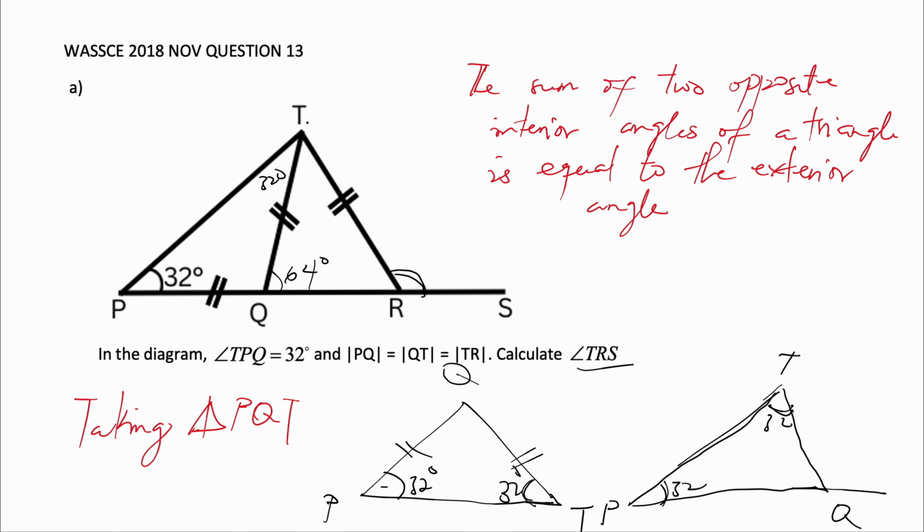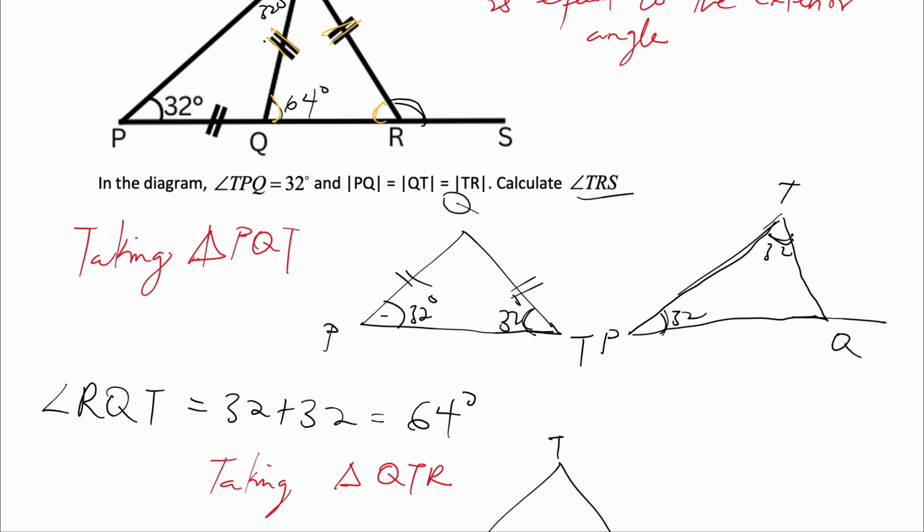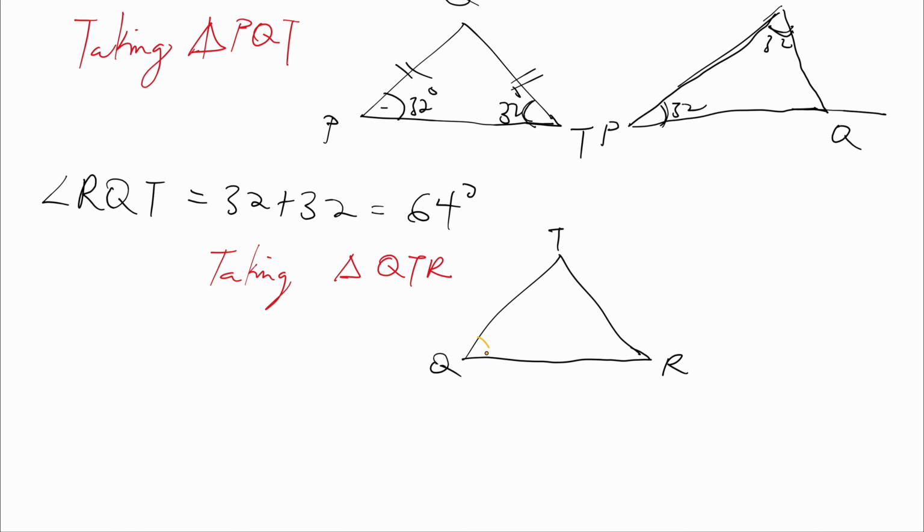We know that QT, this line, is parallel to this line. So this angle is the same as this angle. So angle QRT is also 64. So this is 64 and this is also 64.